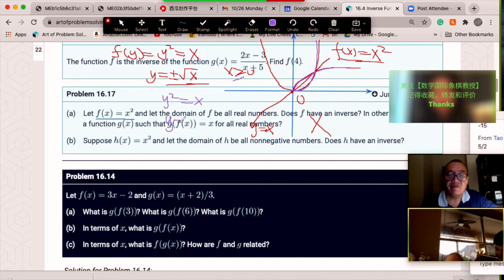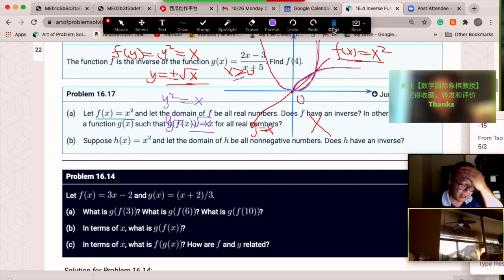So then we solve y equals root of x, because the negative side is not satisfied. It's not in the domain of this function. So we can only keep the positive part. The negative part is not satisfied. So for this part, that's correct, right?